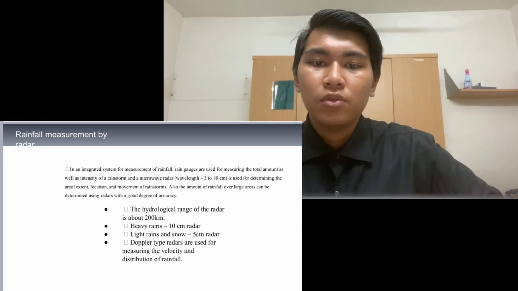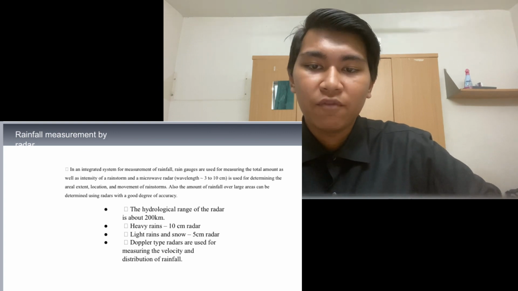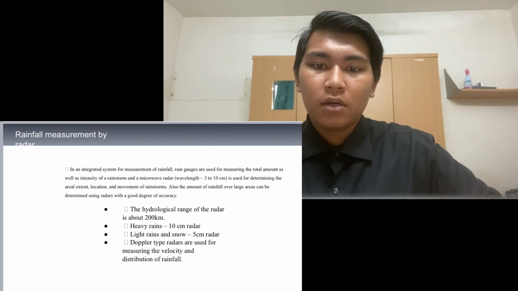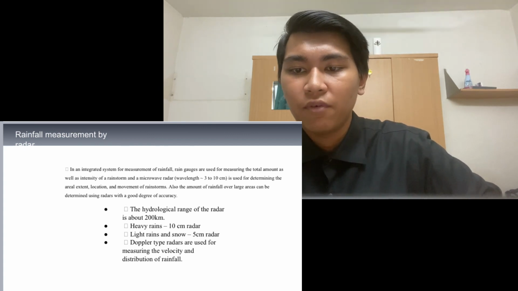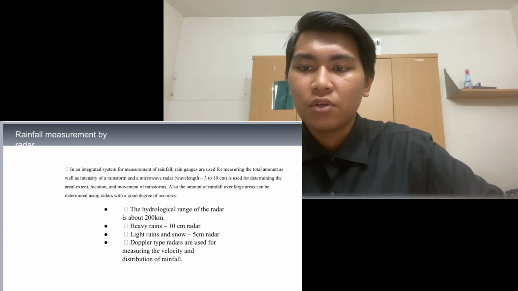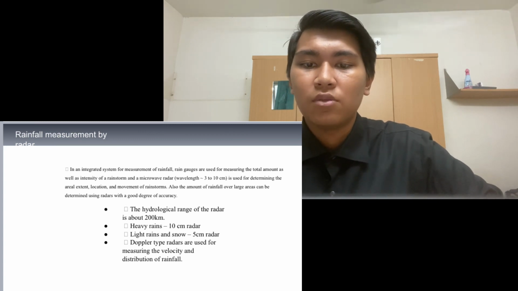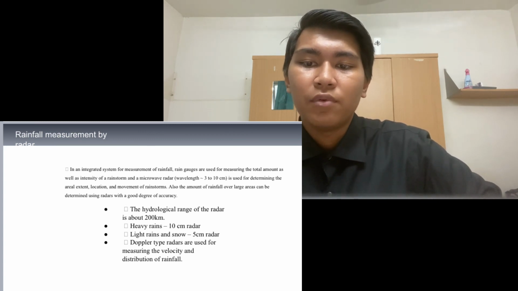Okay, we can also measure rainfall by radar. In an integrated system for measurement of rainfall, gauges are used for measuring the total amount as well as intensity of a rainstorm.